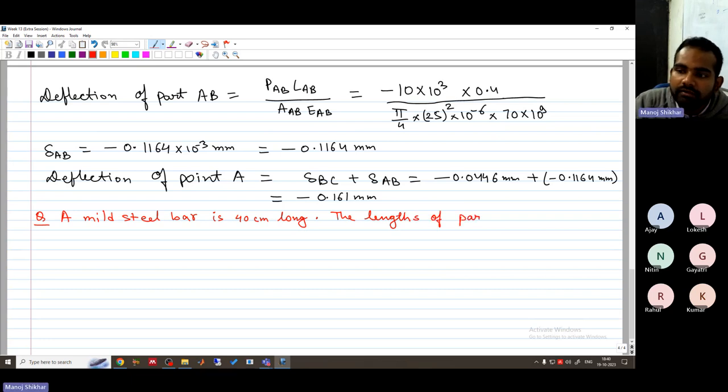The lengths of part AB and BC are 20 centimeter each. It is loaded as shown in figure below.